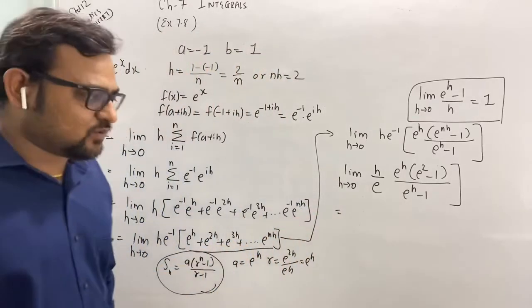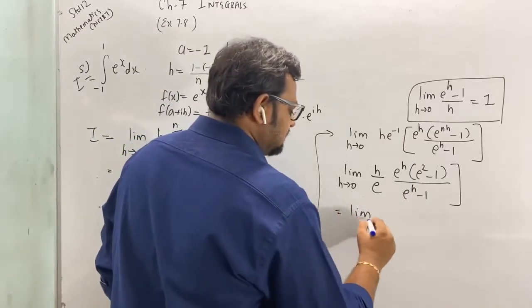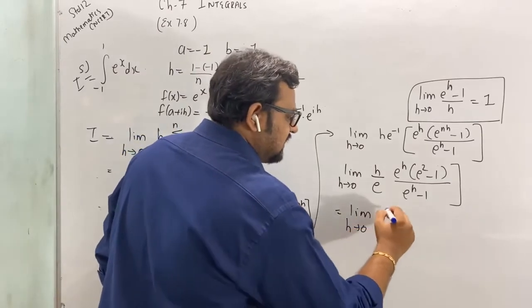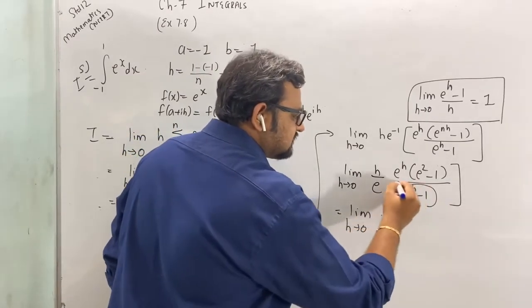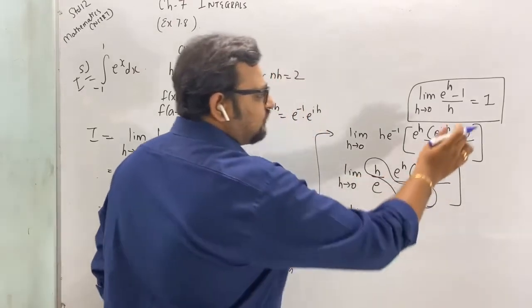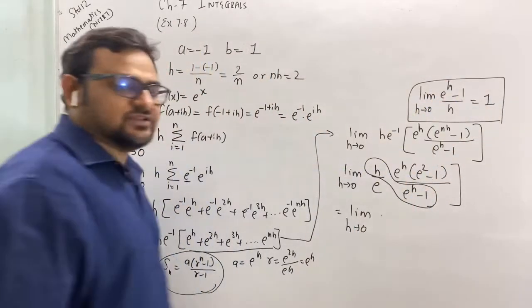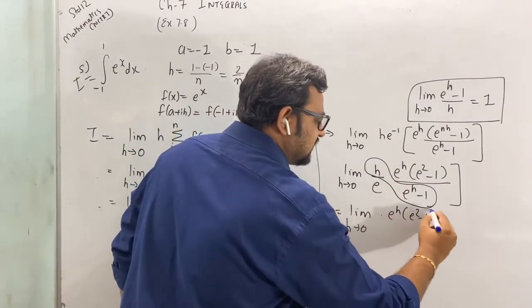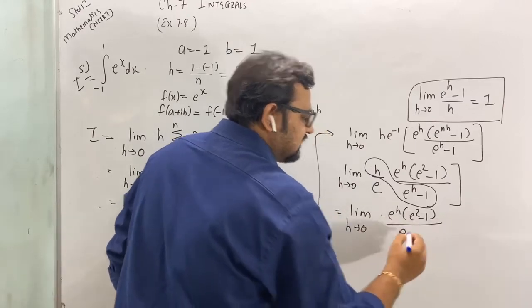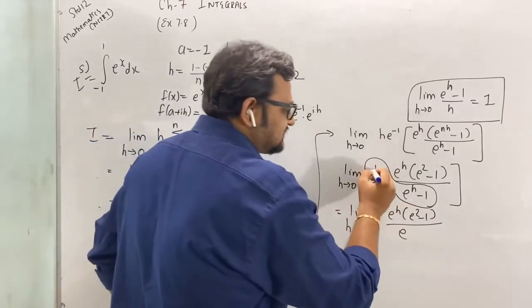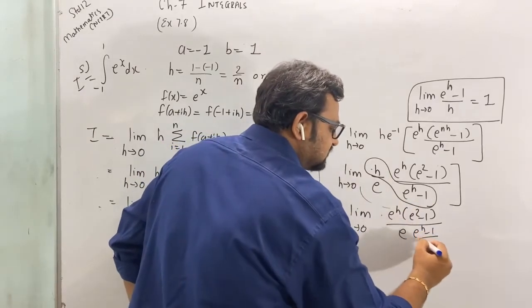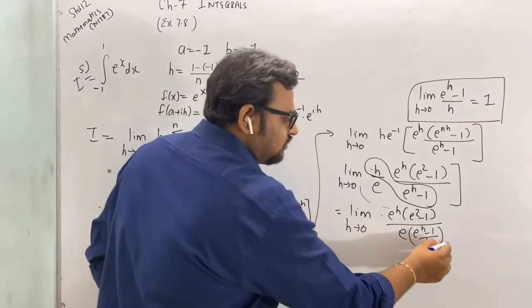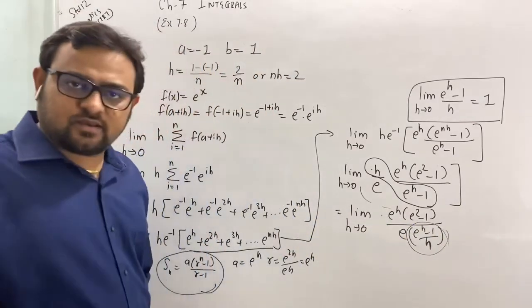So this will be equal to limit h tends to 0 of h. Now this becomes the formula (e raised to h minus 1) upon h. Right? So what I will do: e raised to h times (e square minus 1) upon e. Now I will take this h here, (e raised to h minus 1) upon h. So this will be equal to 1. Clear?